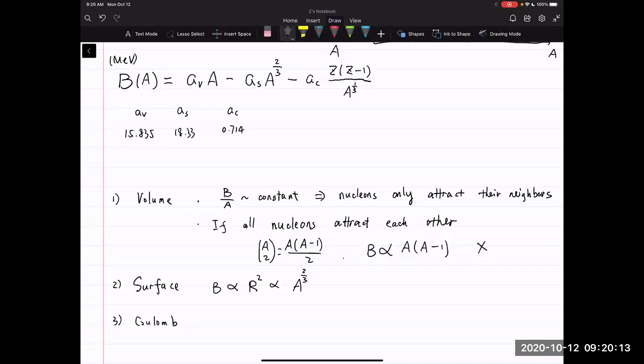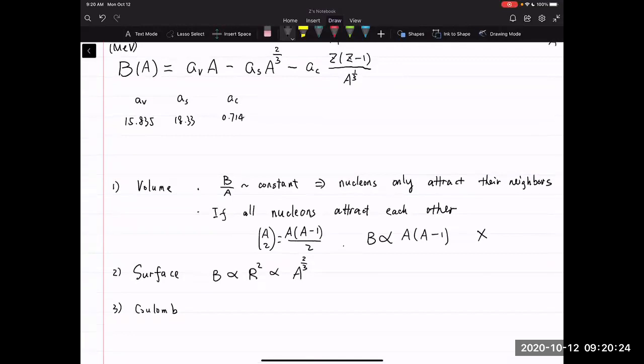Because what is AC? AC ultimately comes from these self-energies when you put all these protons together, right? So if you consider the nucleus has a uniform charge distribution, which is the case as we measured before, the charge distribution is more or less the same as the mass distribution. It's uniform. Then, a uniformly charged particle with charge density described by the total charge divided by the volume.